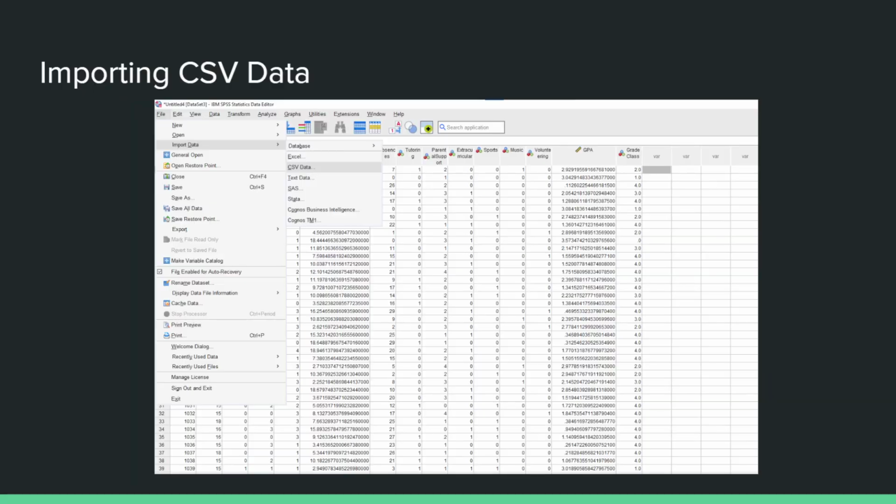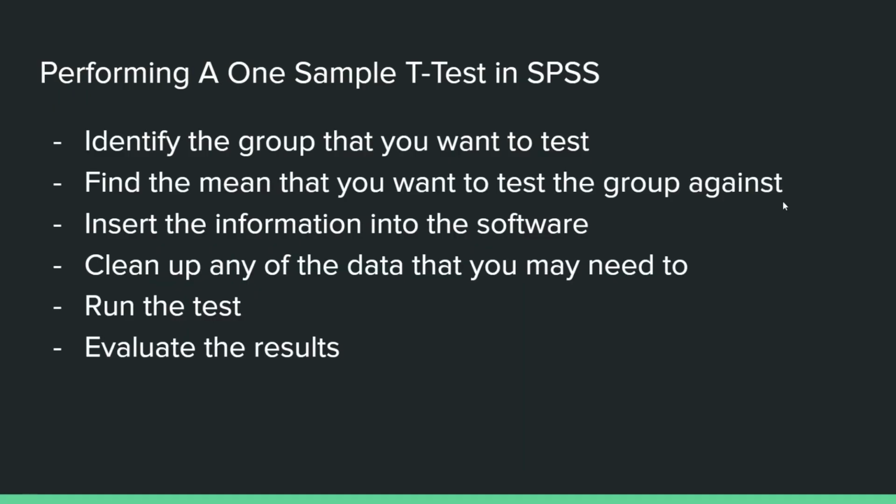Sorry about that, I had a little bit of an interruption, but CSV data can easily be imported into SPSS. All you have to do is go into File, go into Import Data, and then CSV data, and from there you can choose the file that you want to import.